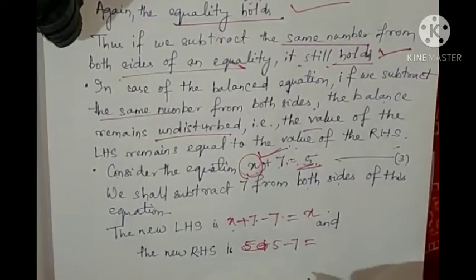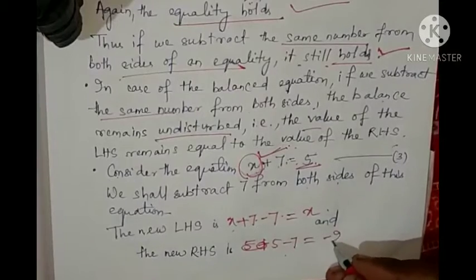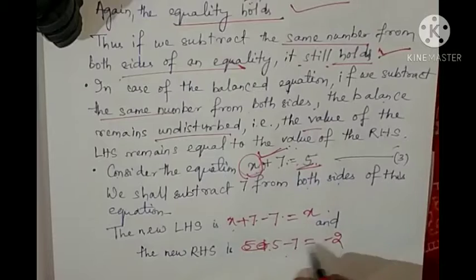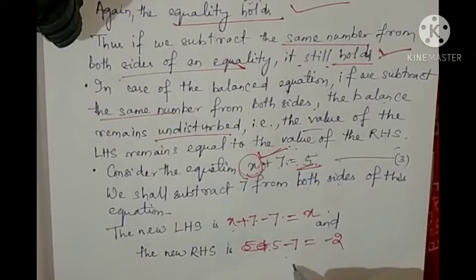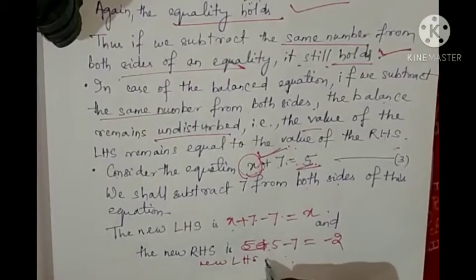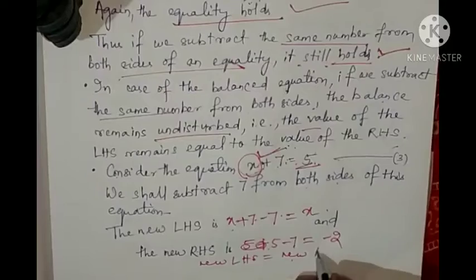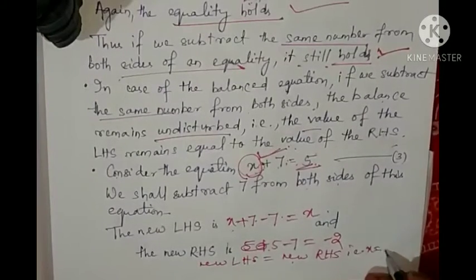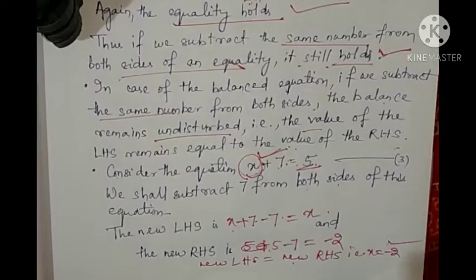So how much is it? 5 minus 7 is minus 2, because 7 minus 5 is 2 and the minus sign goes on the bigger number. So what we got? New LHS equal to new RHS, that is x equal to minus 2. This is the solution of the equation.